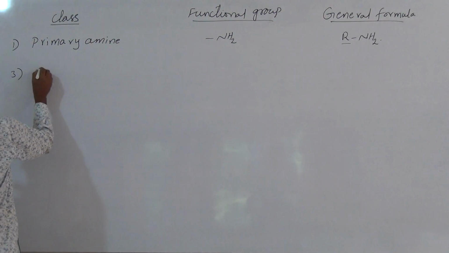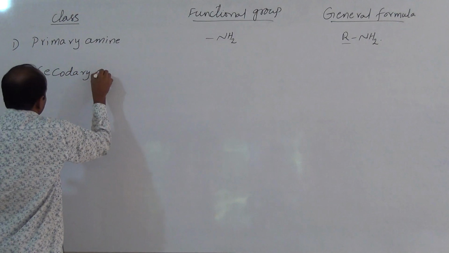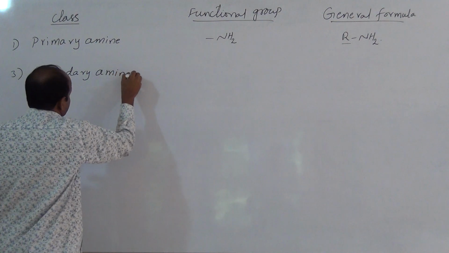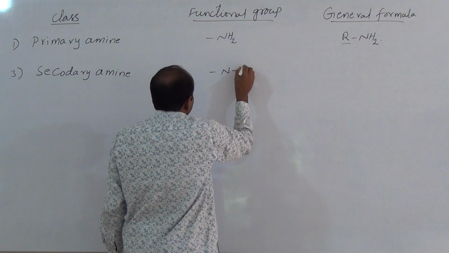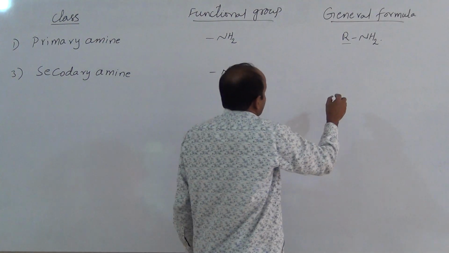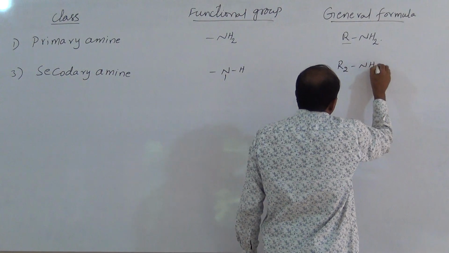And the second one is secondary amines. The functional group is NH and the general formula is R2NH.